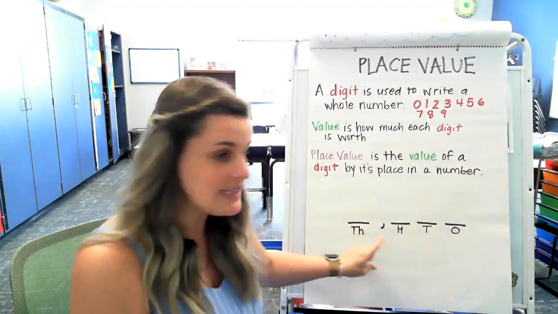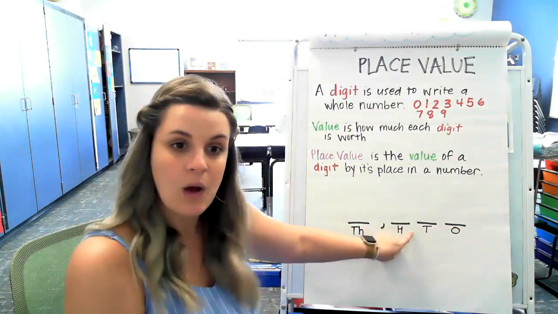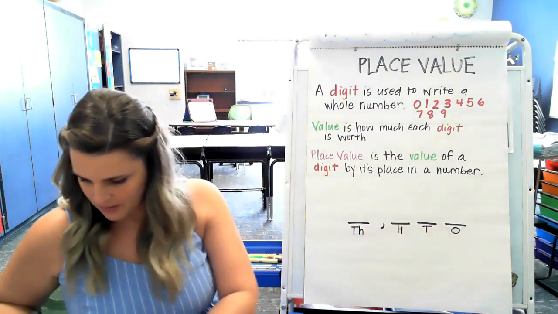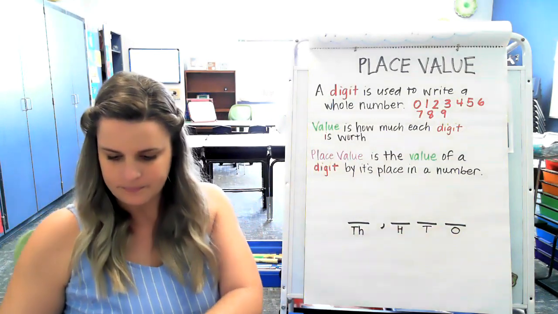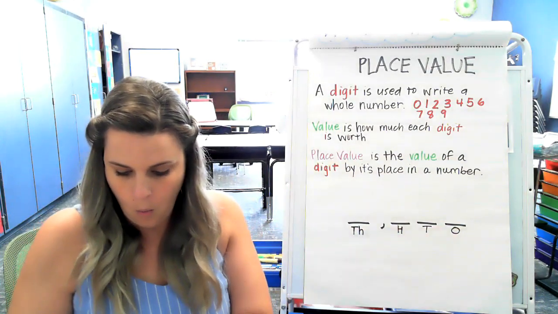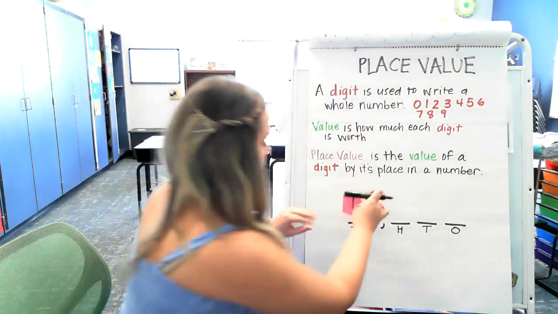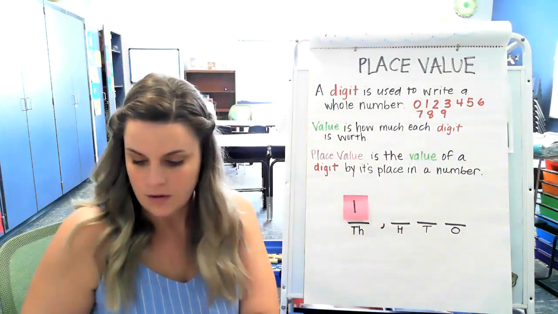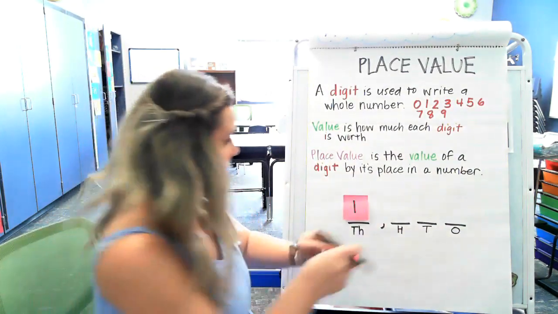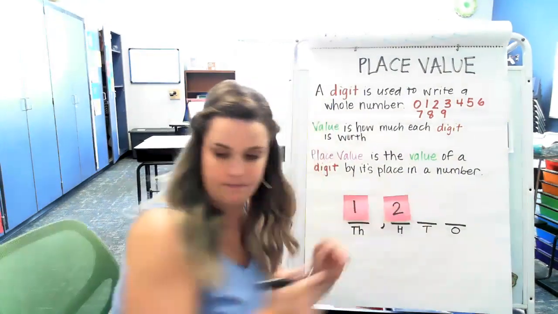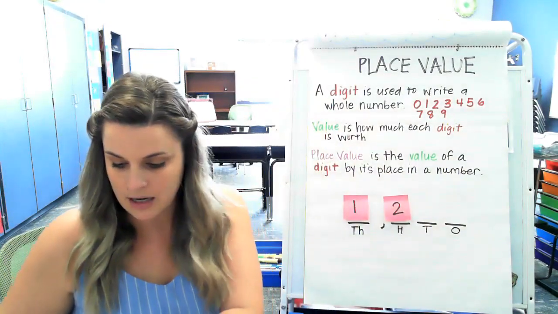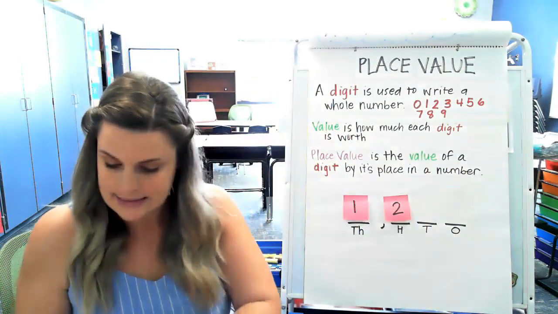And the biggest number you're probably used to seeing from second grade should have been 1,200. So for example, in 1,200, let me actually put that there on a Post-it. You would have 1 in the thousands place, 2 in the hundreds place, and then just zeros in the tens and the ones place.